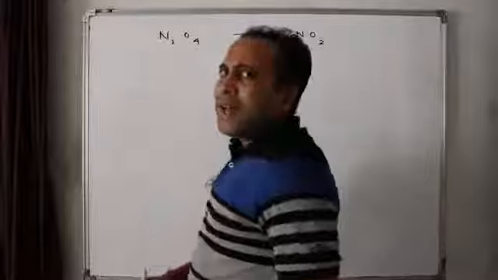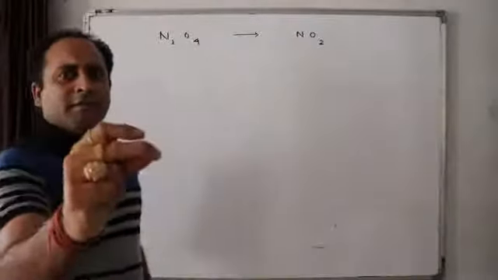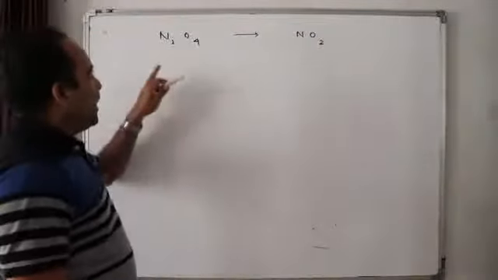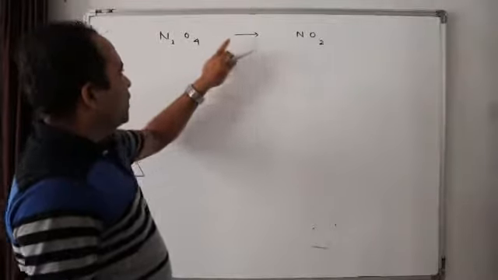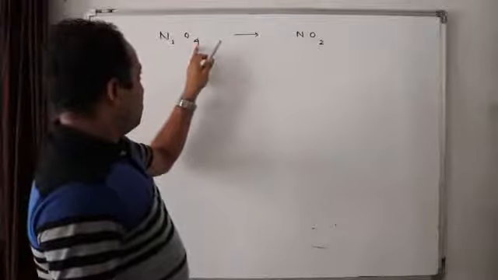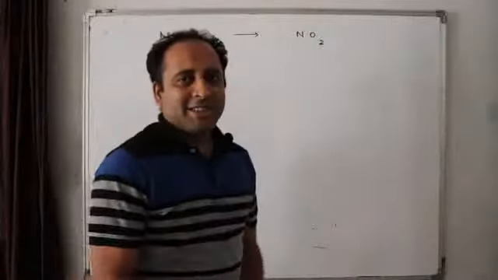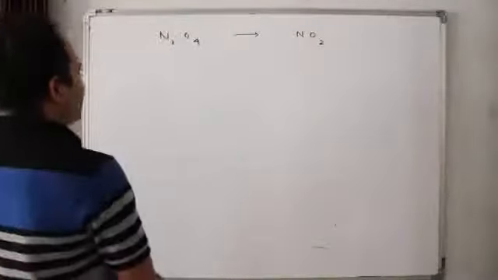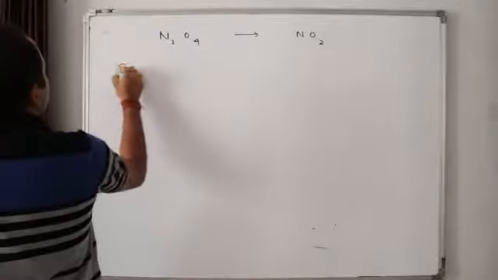I know you are that expert that within a second you can solve it. How? N2O4, you will multiply 2 here, now 2N, 4 oxygen, 2 to the 4 oxygen, balanced.